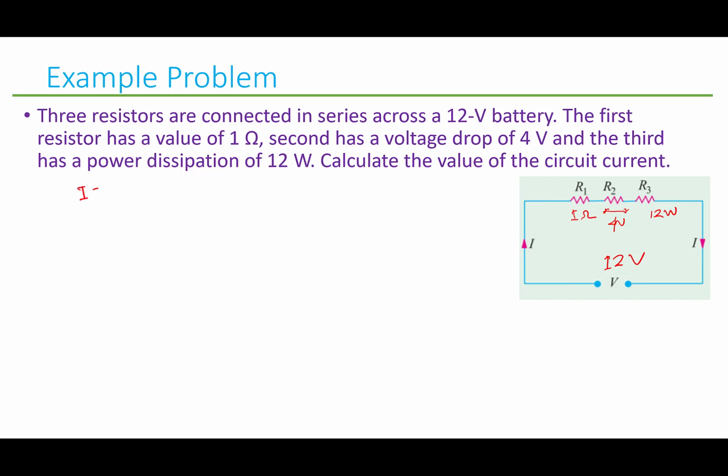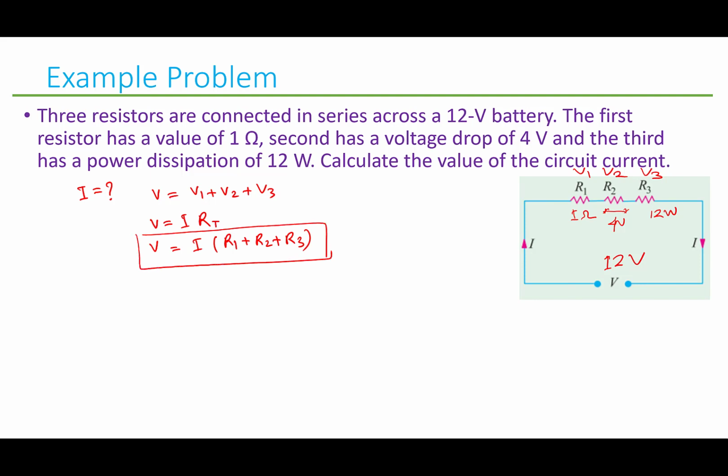That means I equals what? Now think about it. This resistor has a voltage drop V1, this resistor has a voltage drop V2 and this one has voltage drop V3. Now total voltage V equals V1 plus V2 plus V3, right? We also know that V equals I times the total resistance RT, which is basically I times R1 plus R2 plus R3.